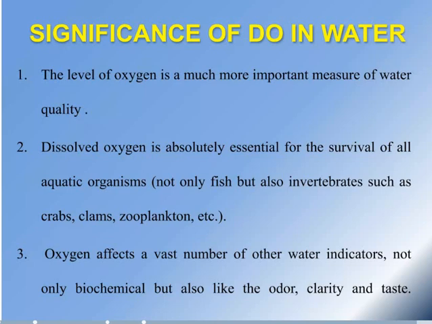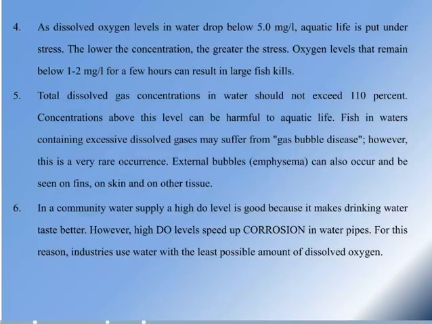Dissolved oxygen is absolutely essential for the survival of all aquatic organisms, not only fish, but also invertebrates such as crabs, clams, and zooplankton. And the most important thing about the significance of dissolved oxygen is that oxygen affects a vast number of other water indicators, not only biochemical, but also the odor, clarity, and taste.